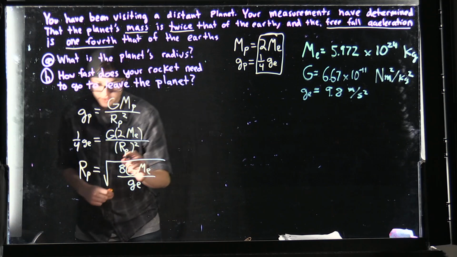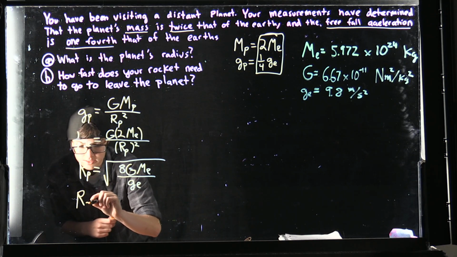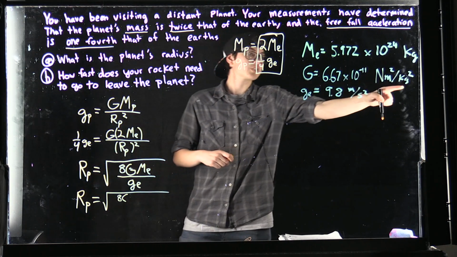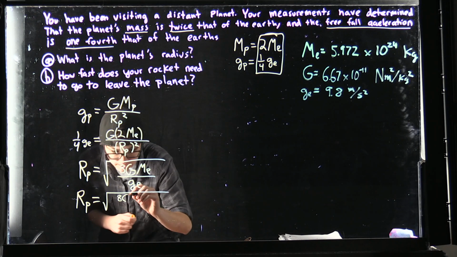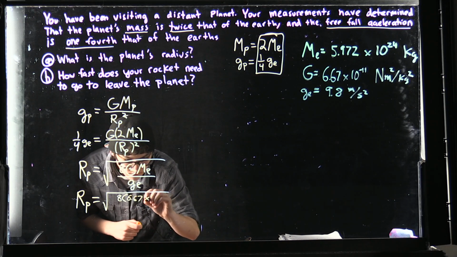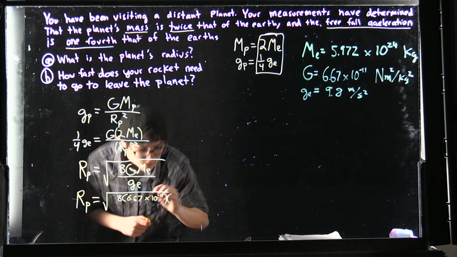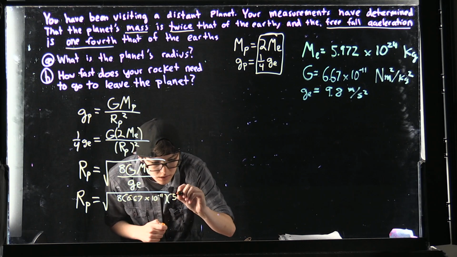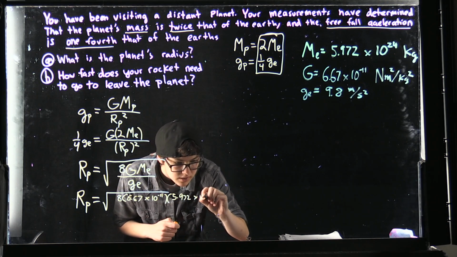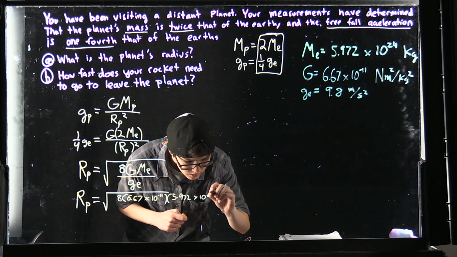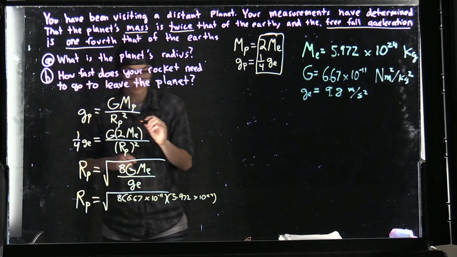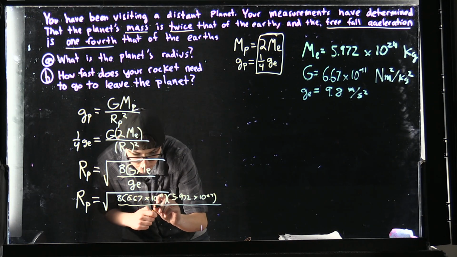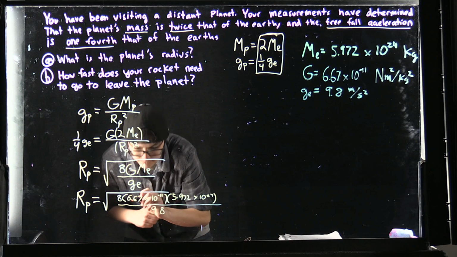And we just put numbers in. We get something that looks like this: 8 times G, which is 6.6 times 10 to the negative 11, times the mass of the Earth, which is 5.972 times 10 to the 24th, all divided by the gravitational acceleration of the Earth, which is 9.8.